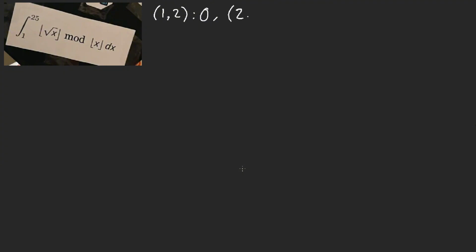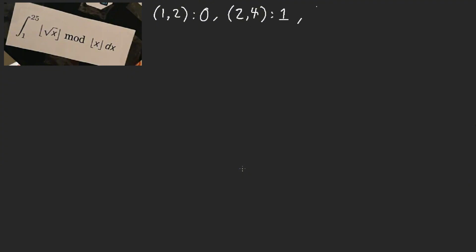And then from 2 to 3, if we go from 2 to 3, square root of 2, that's just going to be 1 mod 2 is just 1, 1 mod 3 is also 1, and then if we reach 4, this means that this whole portion here is going to equal 1.